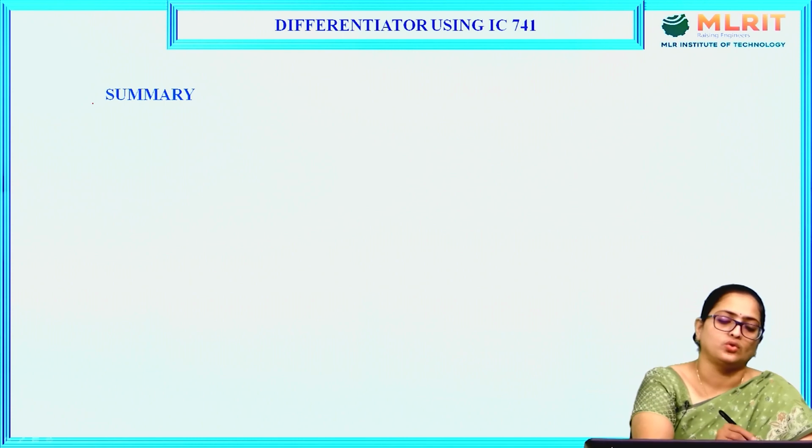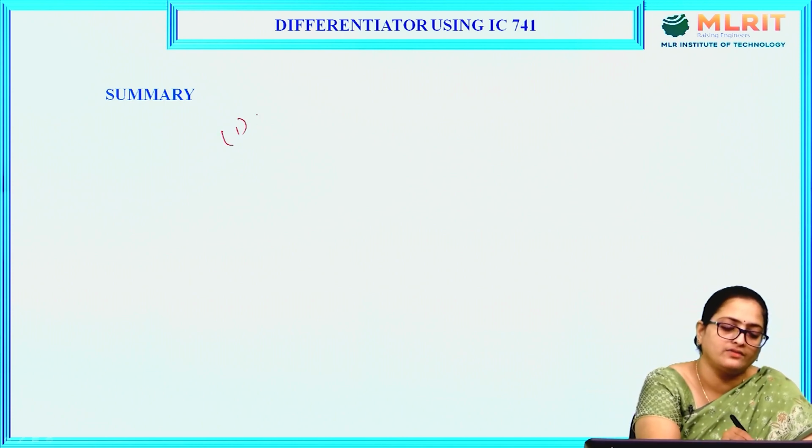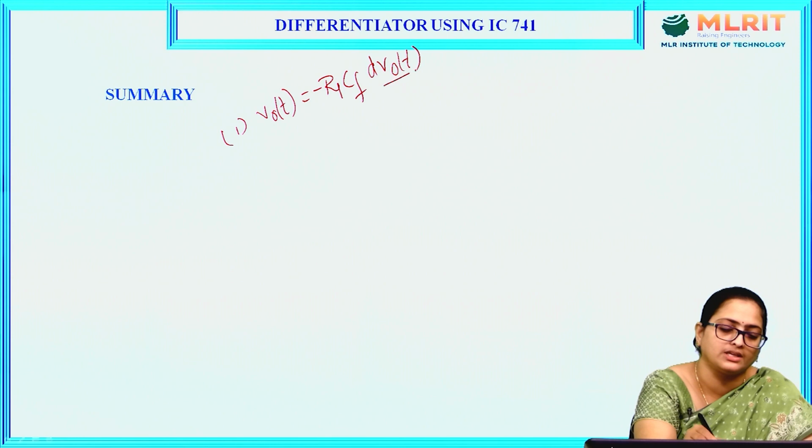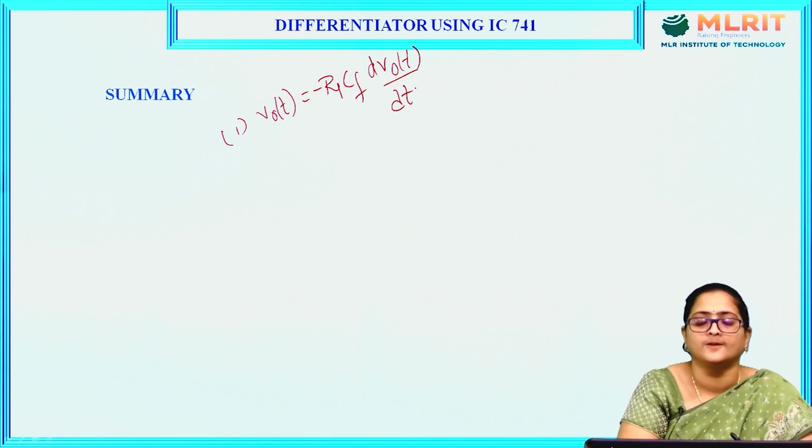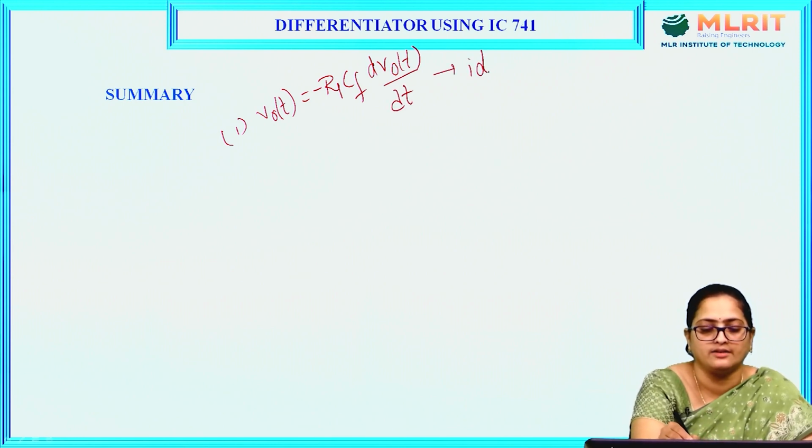So in this video, first we have derived V0 of t as minus R1 CF into dVi by dt for an ideal differentiator.